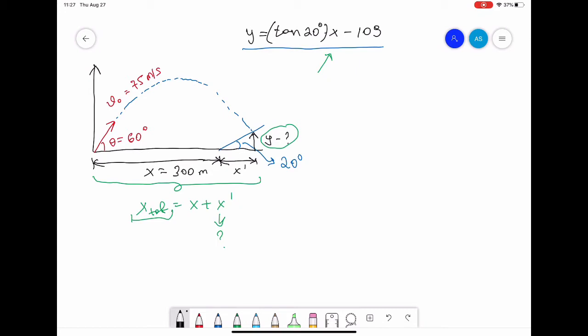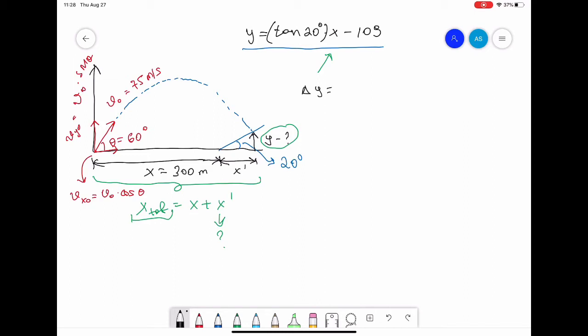Now let's start solving this problem. First of all, let's write down the components of x and y for the velocity. So we have vx initial, which will be v initial multiplied by cos theta. Then we have vy initial, which is v initial multiplied by sine theta. Then let's write down the formula for the y component.